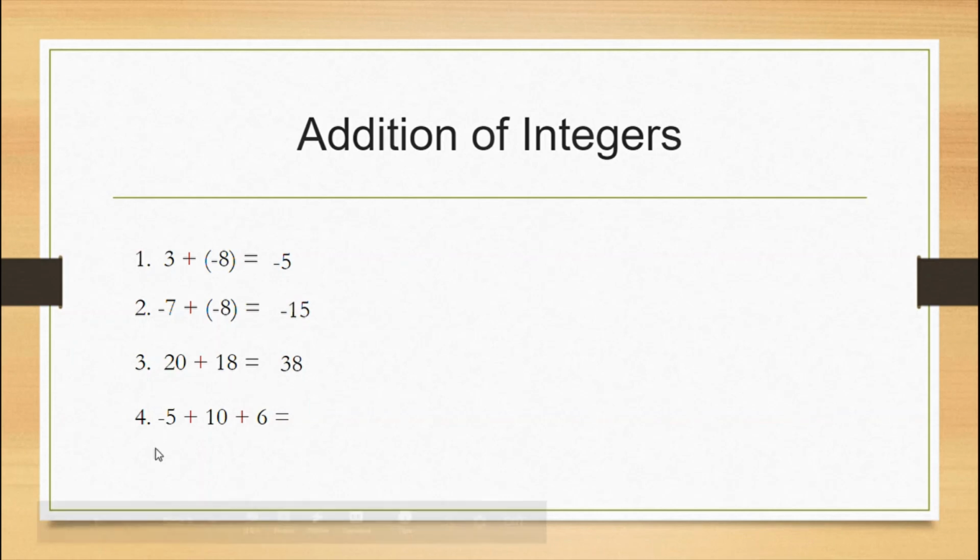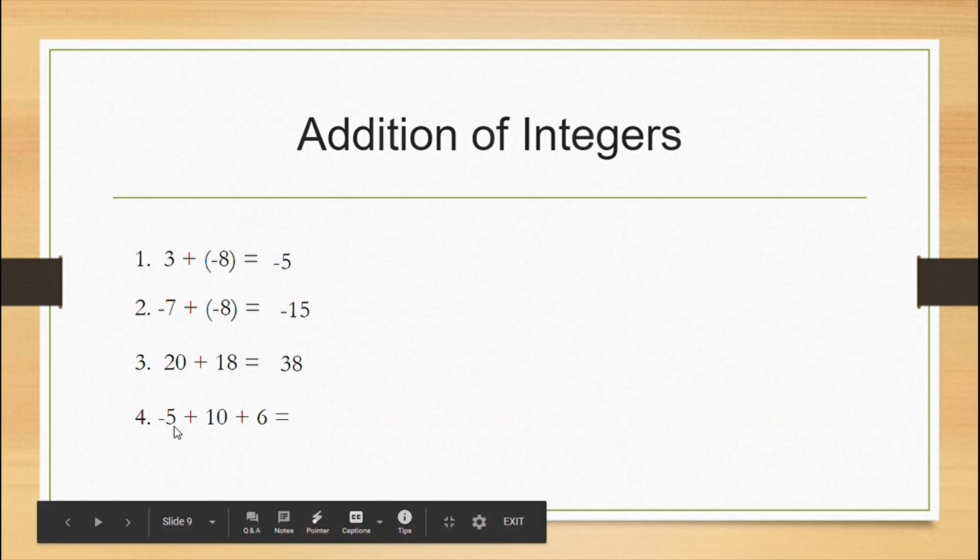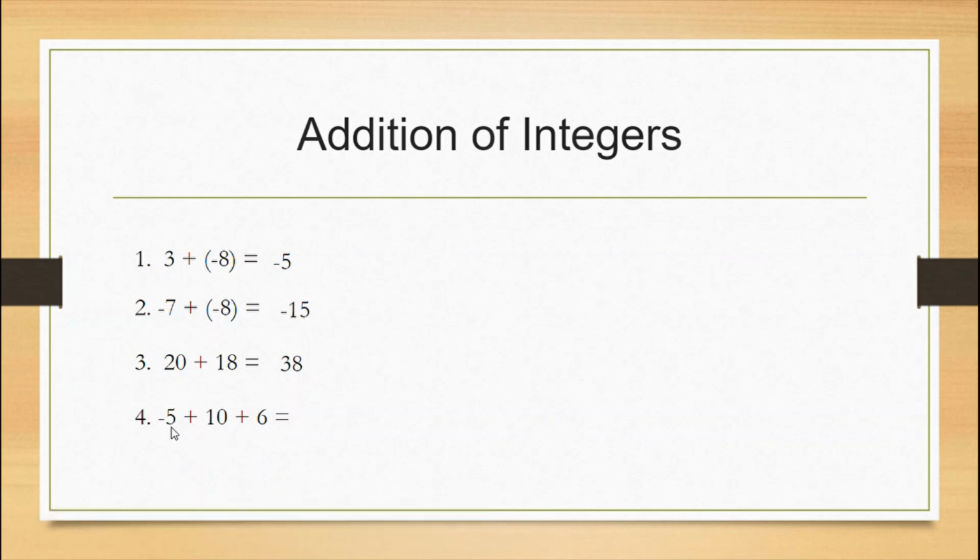For number 4, we have negative 5, positive 10, and positive 6. So for this one, we're going to start the operation on the left side.